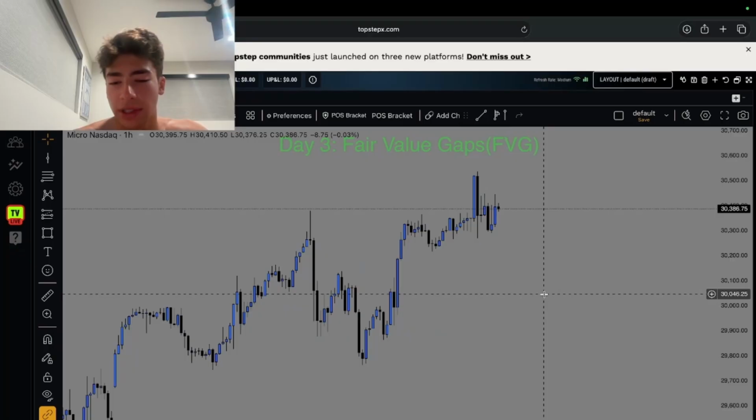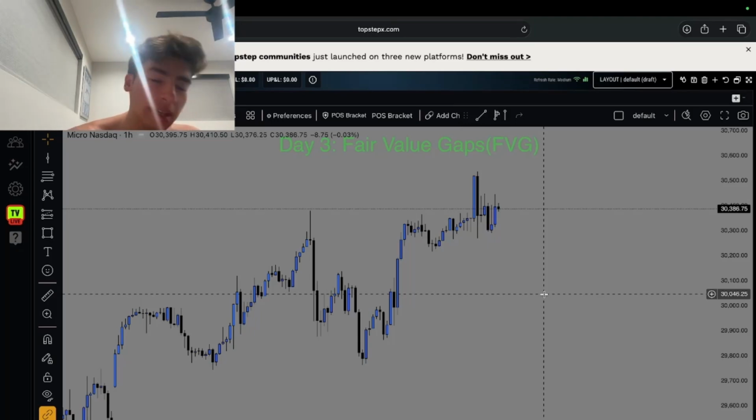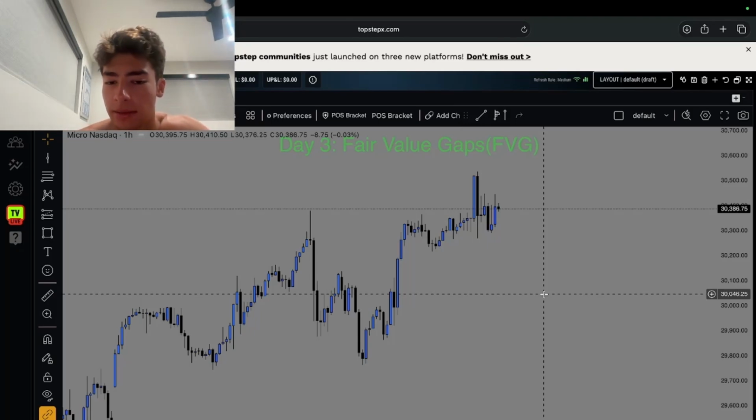This will make a lot more sense down the road because this is a huge part of the model. Price likes to tap into these fair value gaps. I'll make a fair value gap part 2 video explaining what to look for with these gaps, what this could tell us about price, how we react within these gaps, how we sometimes tap the gap and then flip strongly out of it.